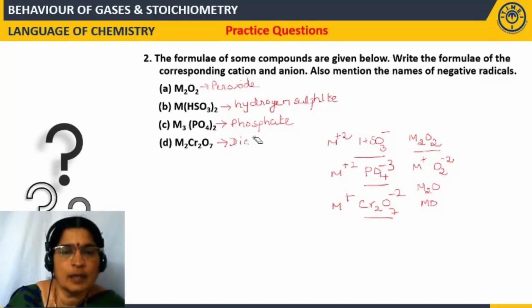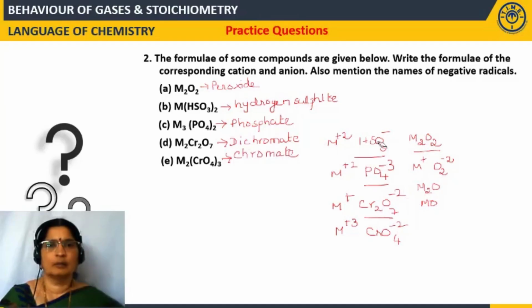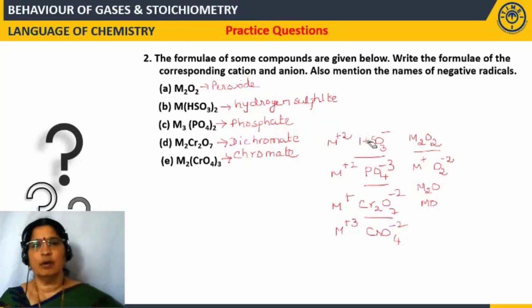The name of that radical is dichromate. M2(CrO4) taken thrice. This 2 goes here, 3 comes here. Therefore, M plus 3, CrO4 minus 2. CrO4 minus 2 is chromate. So, this is how you need to write the formulae when the radicals or names are given.